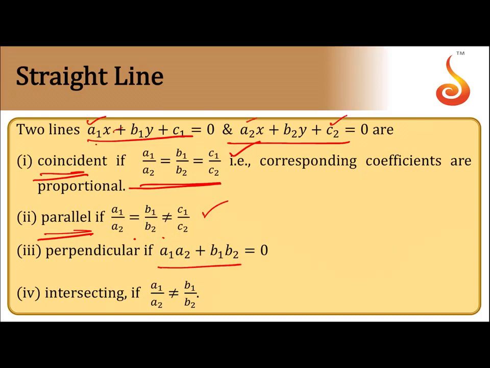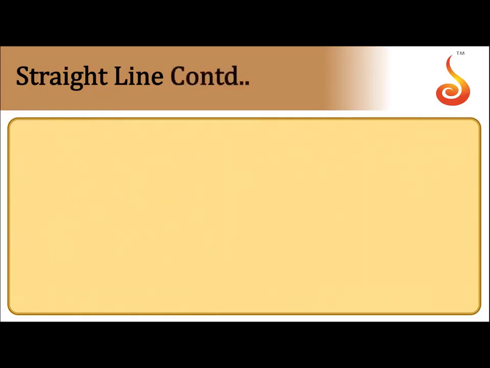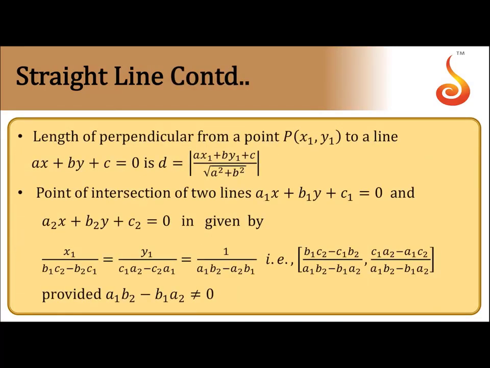When the two lines are perpendicular, then a1 a2 plus b1 b2 is equal to 0. When the two lines are intersecting, a1 by a2 is not equal to b1 by b2. So remember these conditions and apply the concepts in the problems to get a solution.